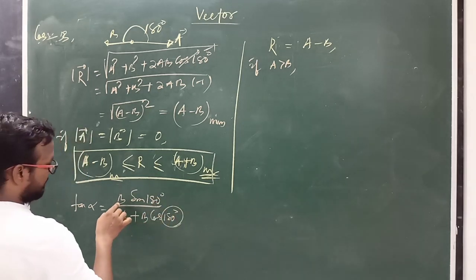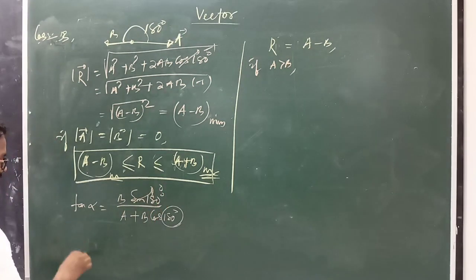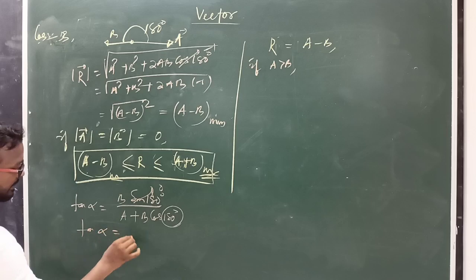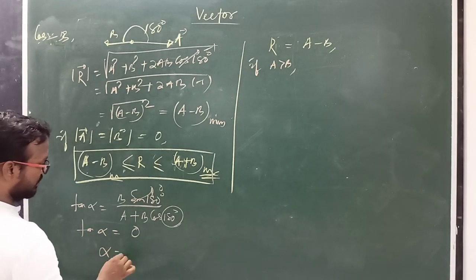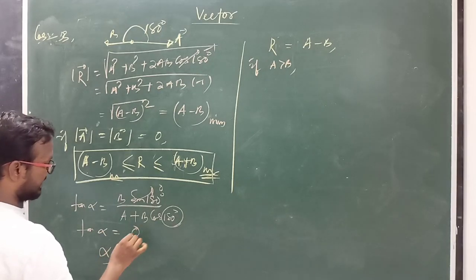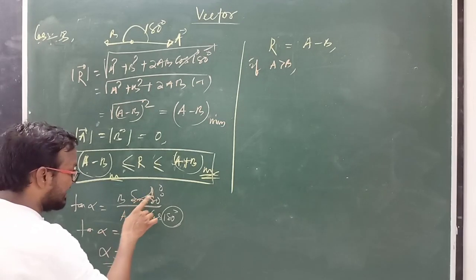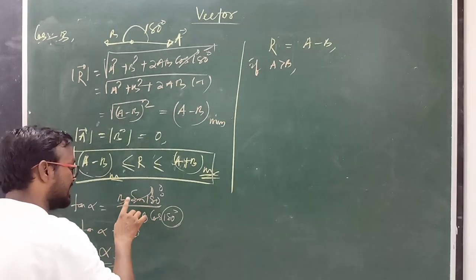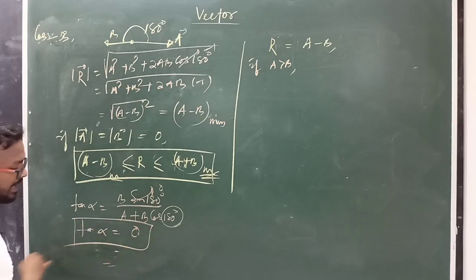Clear? But here B sin 180 is equal to 0, and here tan alpha equals 0, because sin 0 is also 0 and sin 180 is also 0.